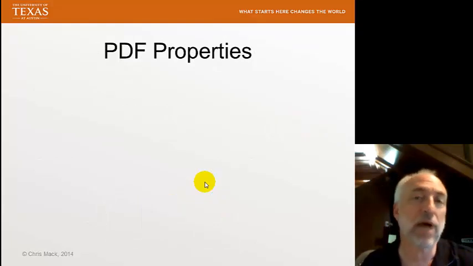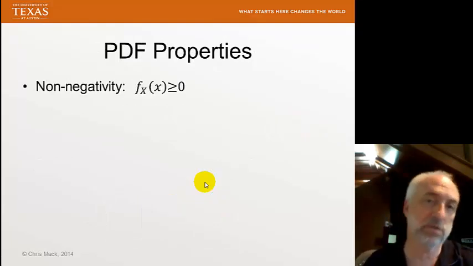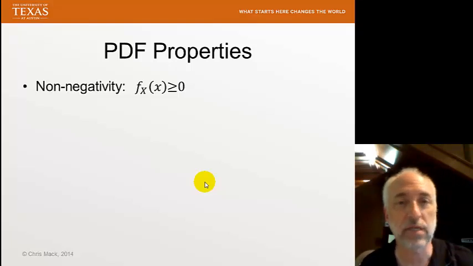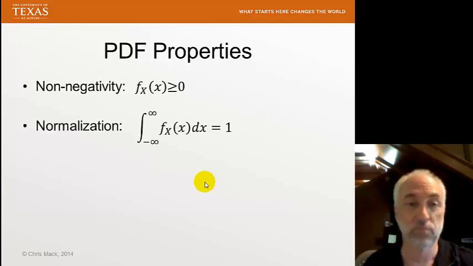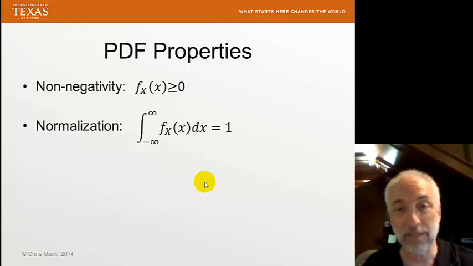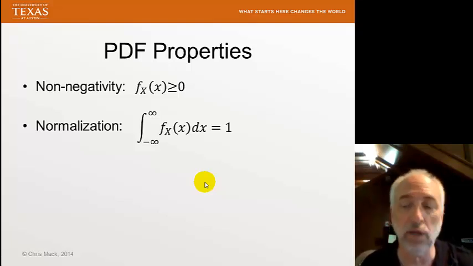What are some of the properties of the PDF? Well, some of them are very much like the properties of the probability mass function, or PMF. First of all, it is always non-negative. The normalization requires that if I integrate the PDF from minus infinity to infinity, all possible values, I must get 1.